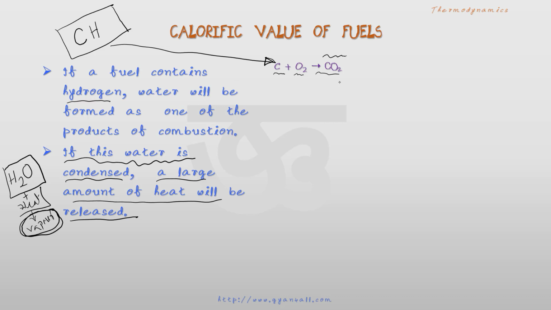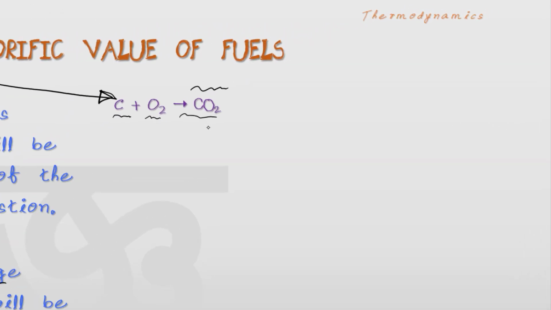This chemical reaction is a balanced chemical reaction. The number of atoms is balanced on both sides, left side and right side. Now the atomic weight of carbon is how much? 12. Oxygen is 16, so O2 is 32, and here it will be 12 plus 32.